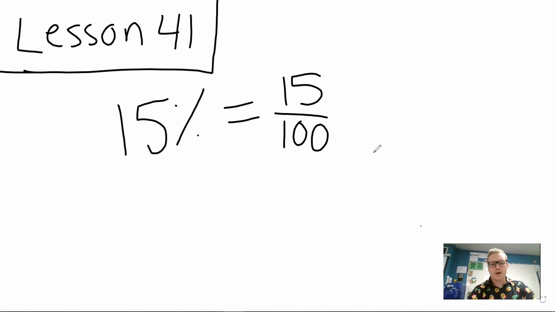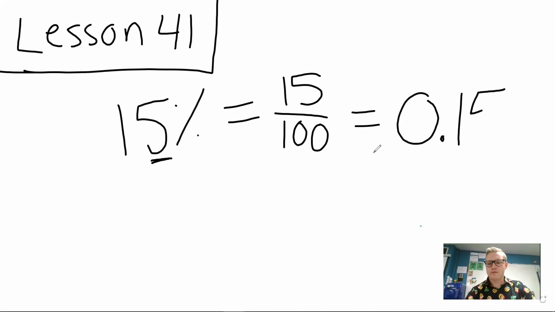Now, why is it over 100? Well, the 5 ends in the hundredths place. So another way of writing this, so this would be percent form, that 15%. We have 15 over 100, that's fraction form. And then in decimal form, we'd have 0.15 or 15 hundredths.